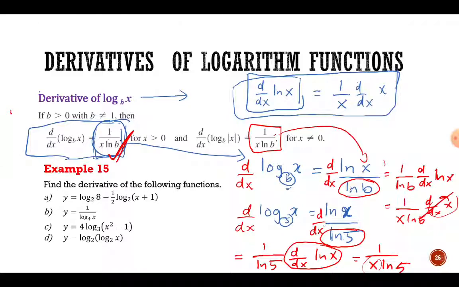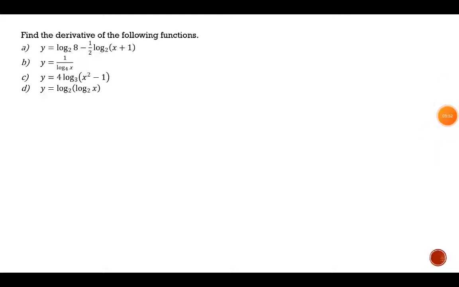Okay, now let's try to solve example 15. Okay, saya copy kat sini soalan example 15. Let's have a look at A. A ni kita ada log 8 base 2. Okay, soalan ni dia suruh you cari the derivative.